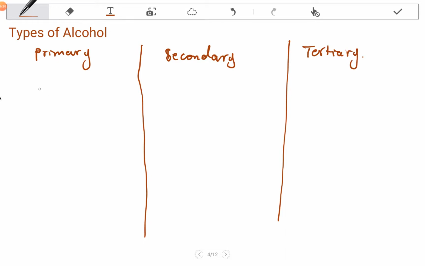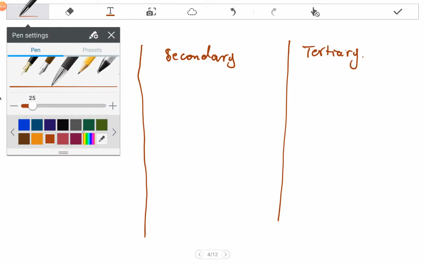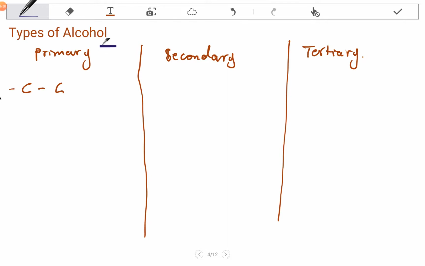So for this one, the carbon that contains the functional group is attached to one other carbon. So if I want to give the example of this one here, the carbon that has the functional group is attached to another carbon. I'll use R prime as the carbon that has the functional group. It is attached to one carbon.